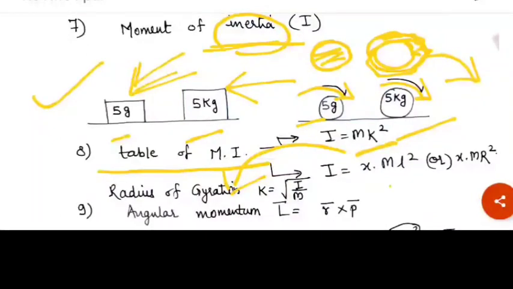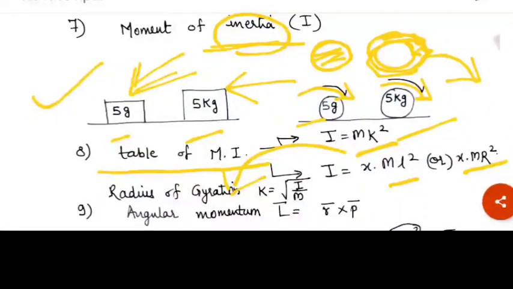But if the length of a rod is given, or the radius of a circular body or sphere is given, then the formula of I may take different values according to the axis of rotation given.